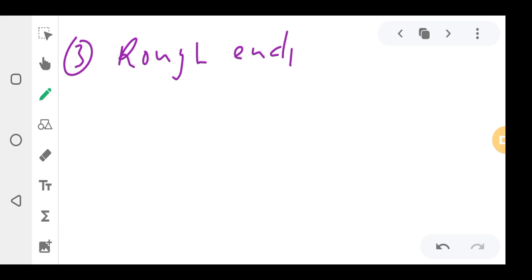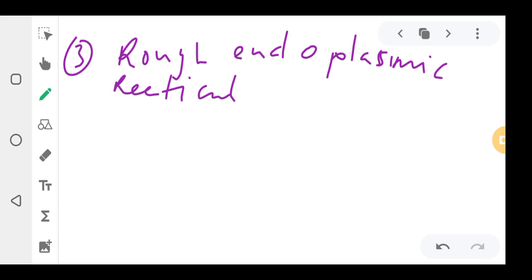So what does the rough endoplasmic reticulum do? What is it used for?